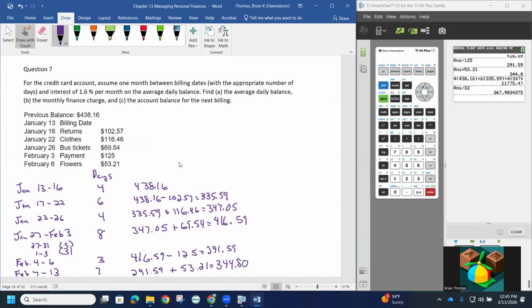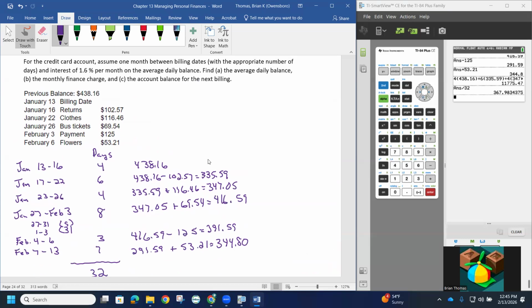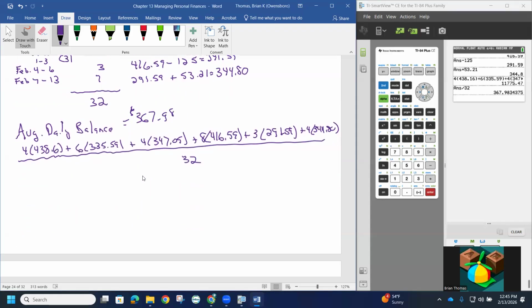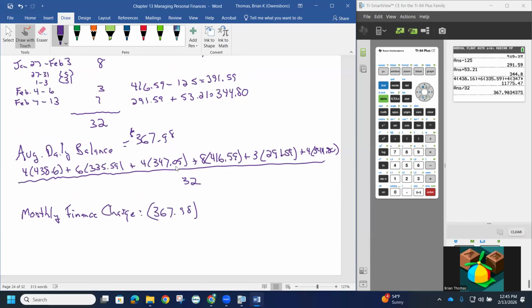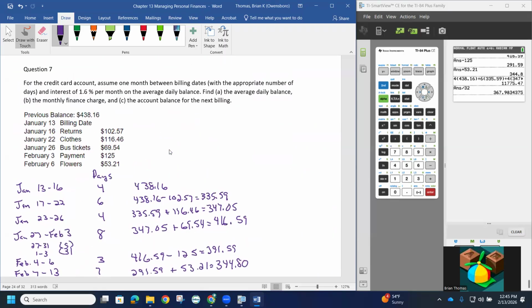Now, part B says determine the monthly finance charge. Remember, to determine the monthly finance charge, we got to multiply the monthly rate times our average daily balance. So our monthly finance charge is going to be our average daily balance, which is this 367.98 rounded to two decimal places. But we got to multiply that by our interest rate, which was 1.6% again.